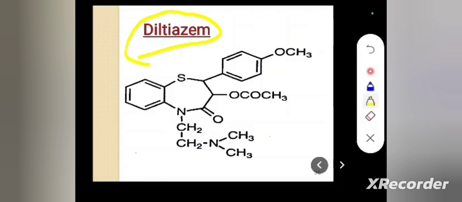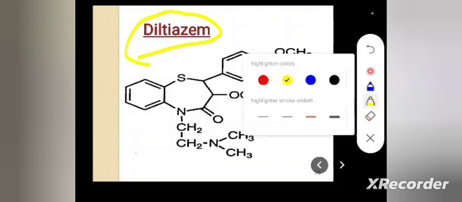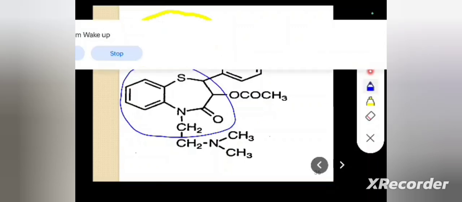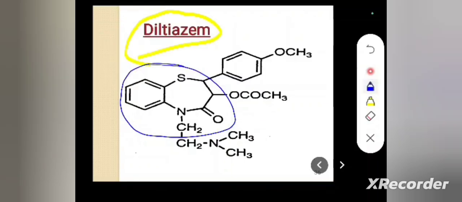This is the core structure, or nucleus, of diltiazem, which contains a benzothiazepine ring. On the benzothiazepine, there is substitution at the second carbon and third carbon, the fourth carbon is substituted by an oxo group, and at the fifth position there is a nitrogen.